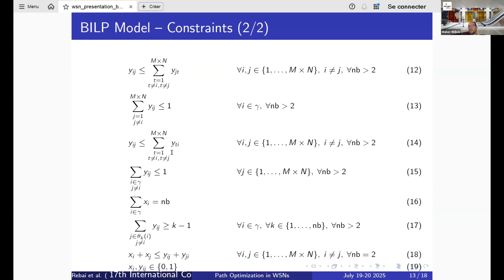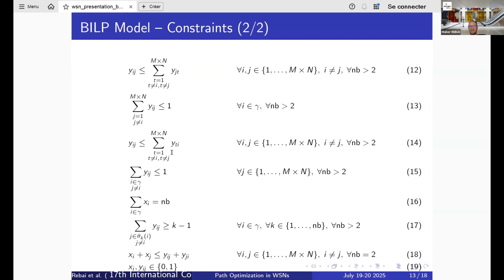Constraints 14 and 15 ensure that each selected edge should have just one incoming edge, and constraint 16 ensures that the total number of selected vertices is minimal and is equal to NB, which is determined by the binary integer linear model of step number 2.